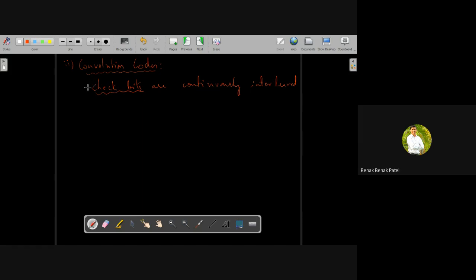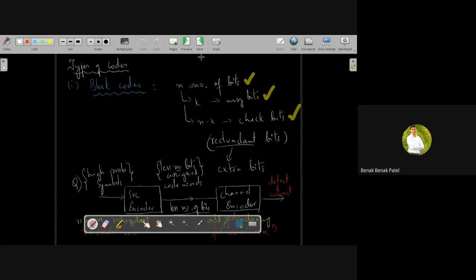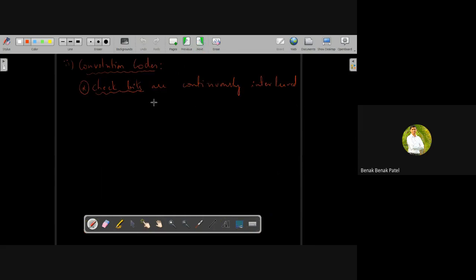So there is a way in which these check bits get inserted, and that makes convolution codes differ from block codes. Block code size is always fixed, it's n bits, whereas in convolution codes there is no block size. But still we introduce these check bits in convolution codes.